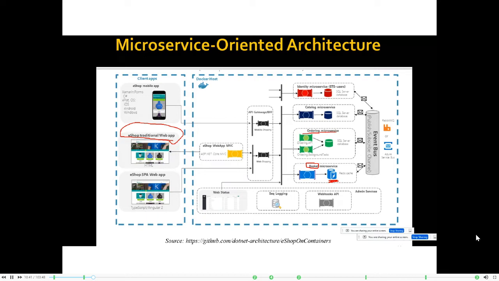This is what we call the ordering microservice, and it has its own data source. They assume the data is stored in a SQL Server database. And here we have the catalog microservice, which also puts its data in SQL Server. Here is identity.